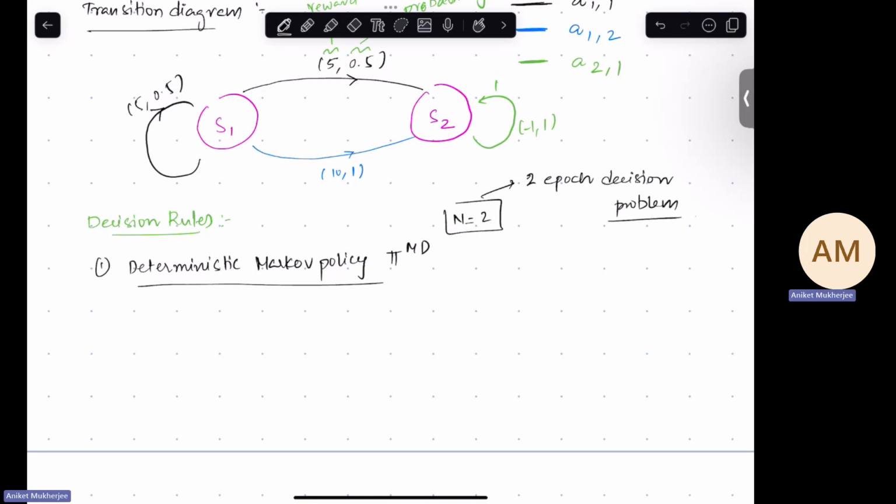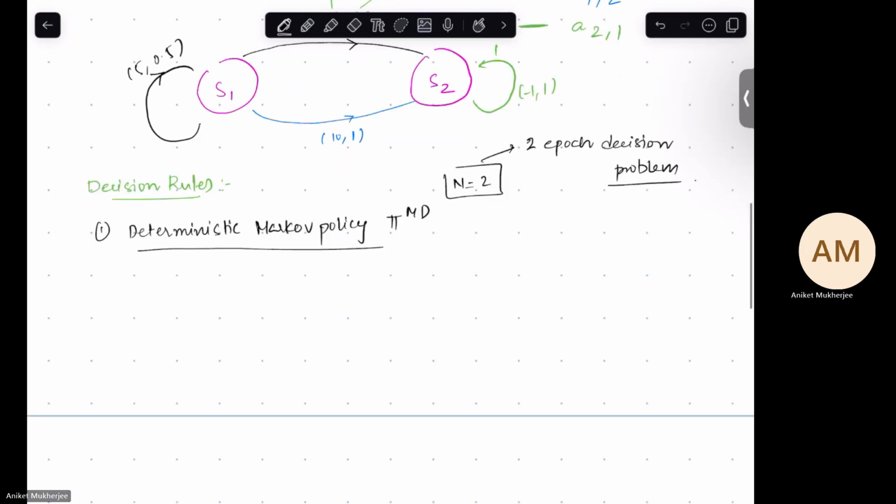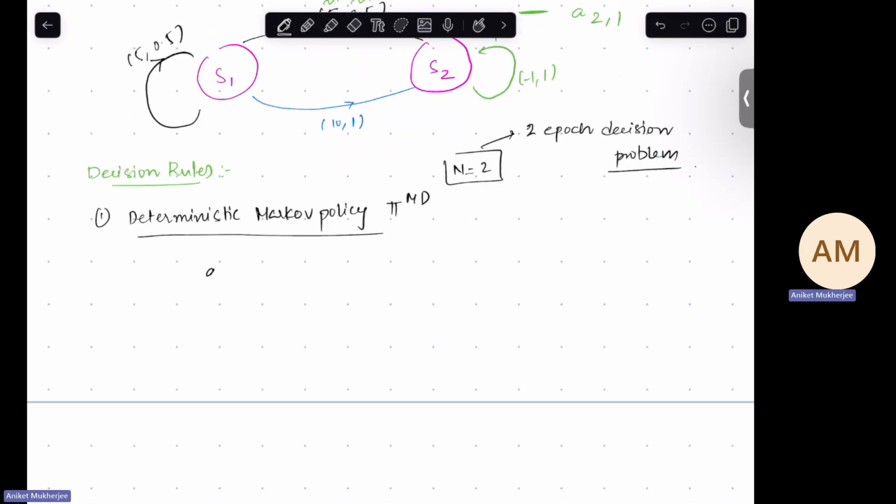What I mean by a two epoch decision problem is that I'm looking at a two-step decision. I'll take a decision two times. The first time is to go from 0 to 1, and the next time is to go from 1 to 2. The first epoch I will call epoch 0.